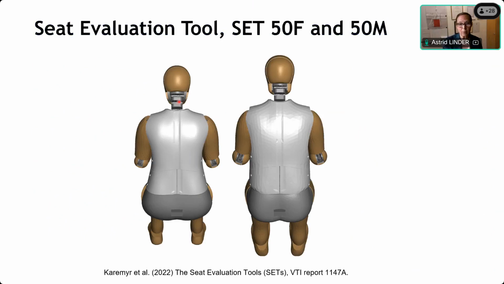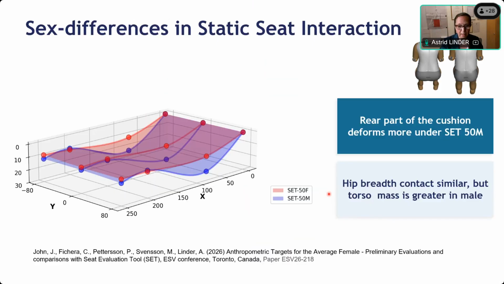And just a reminder of the contours of the hip area of the males and the females in general. In the hip area here, you can see females having a wider hip area compared to the male. And when we put these two models in the seat, where we have pins going through the seat and measure how much they are pressed down by the models, we see this is the male and this is the female.